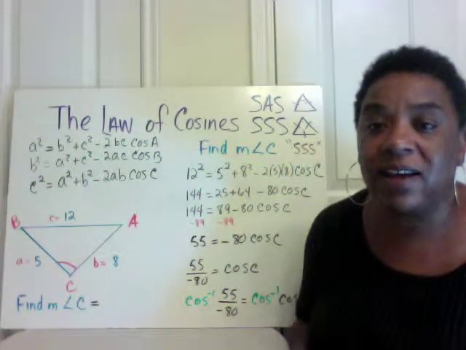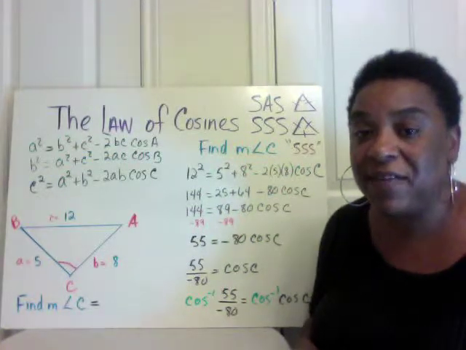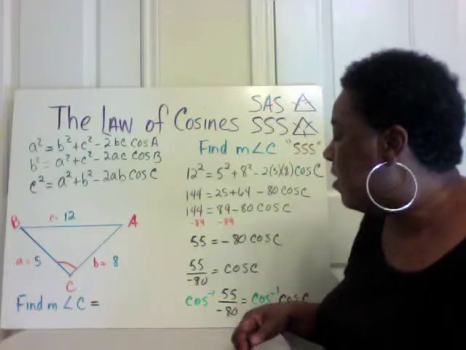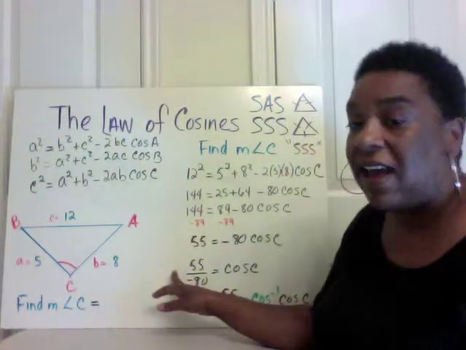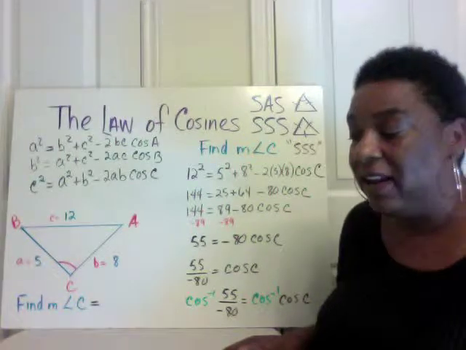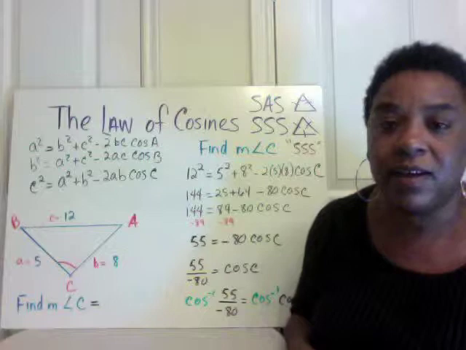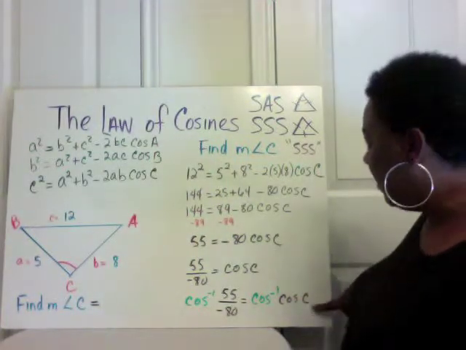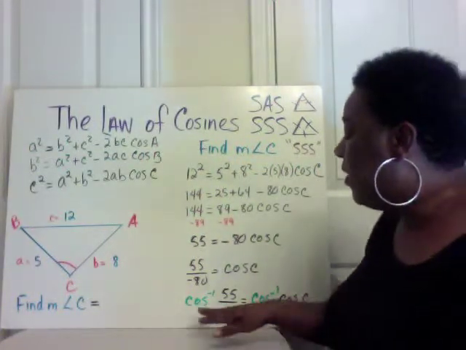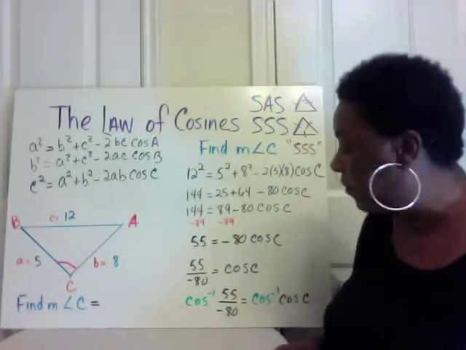Now we want to get cosine of C by itself, so we'll divide both sides by negative 80. So the result is, on the left side of the equation, we have 55 divided by negative 80 equals cosine of C. Now we want to get C by itself, so we apply inverse of cosine to both sides of the equation.